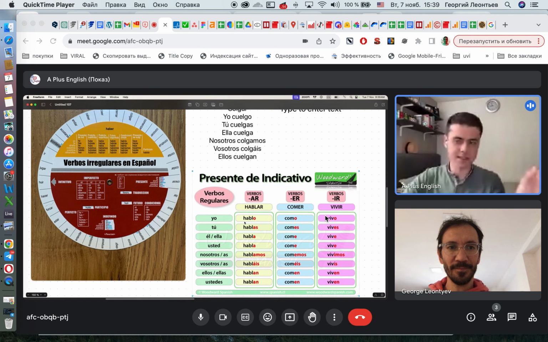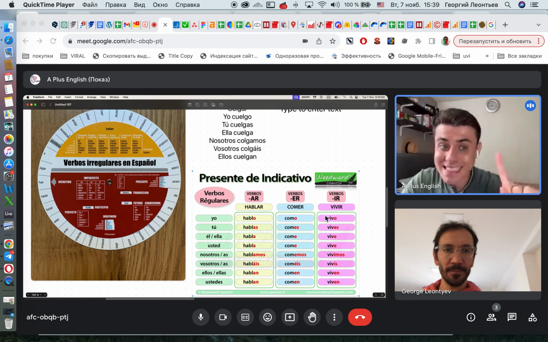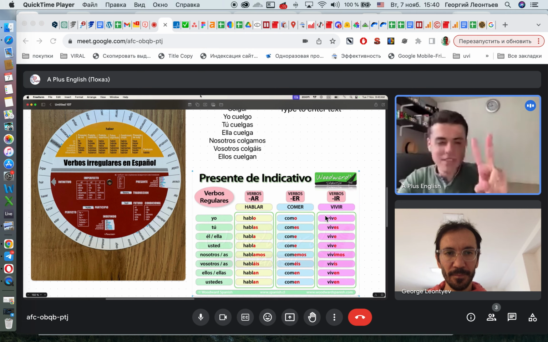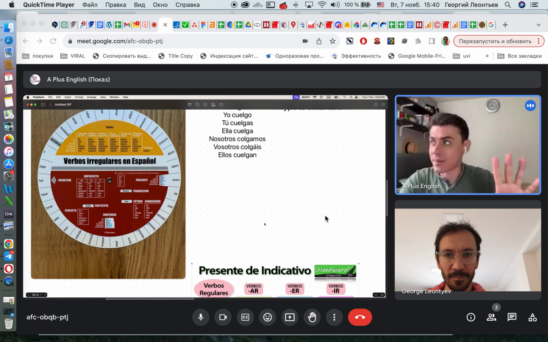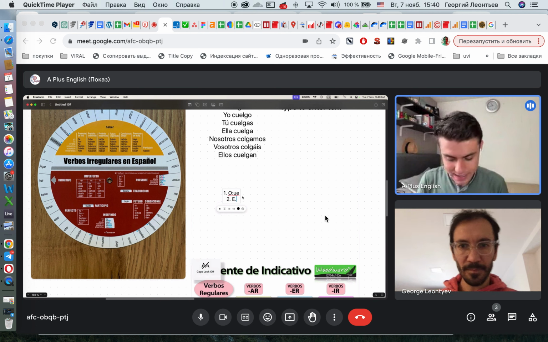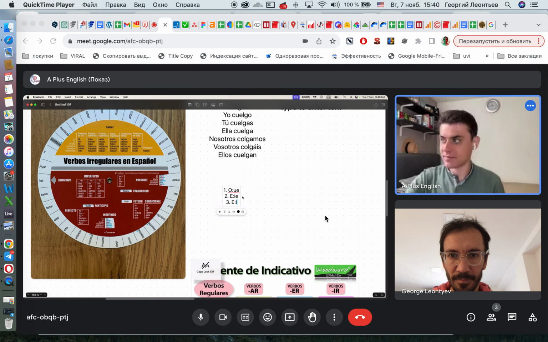In regular verbs, the stem does not change, but in stem-changing verbs, the stem changes. Now, stem-changing verbs can be one of three types: a verb that changes from O to UE, a verb that changes from E to IE, or a verb that changes from E to I.